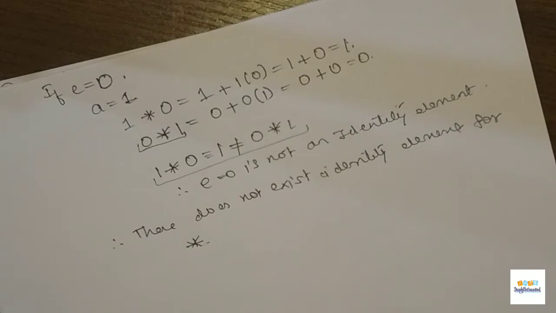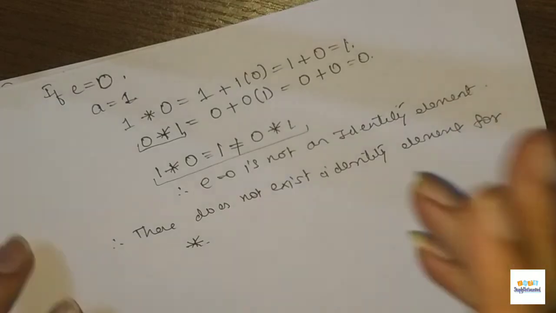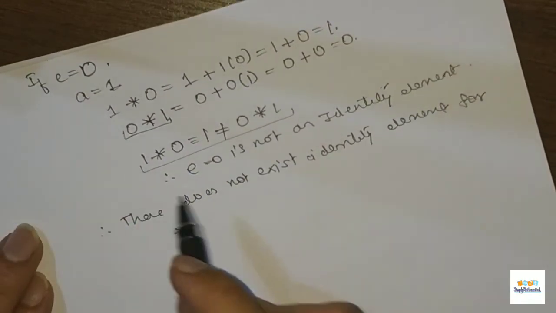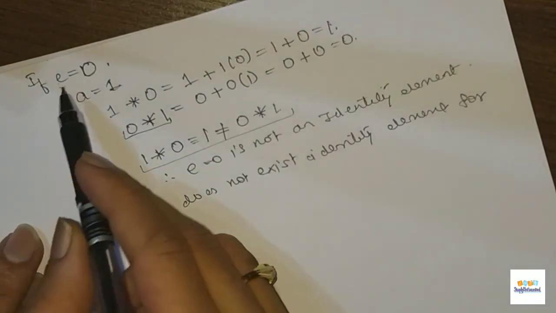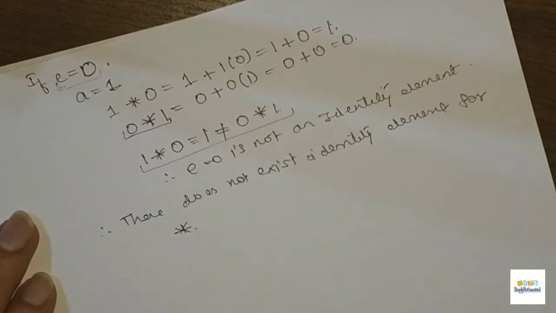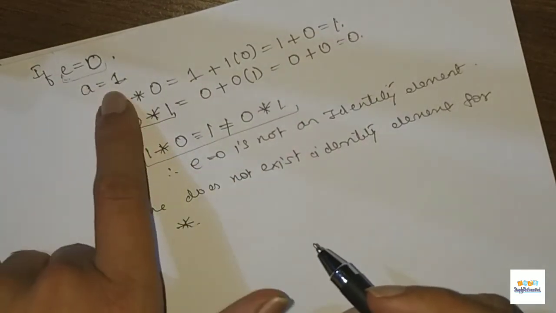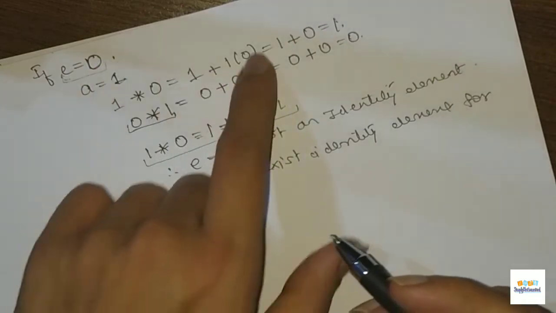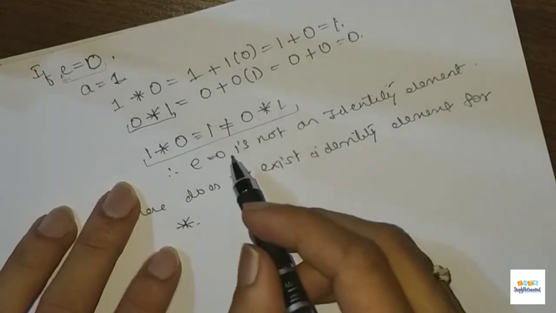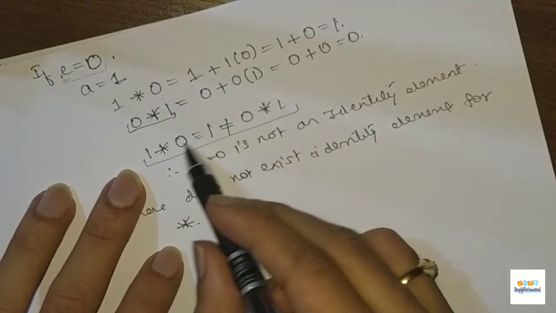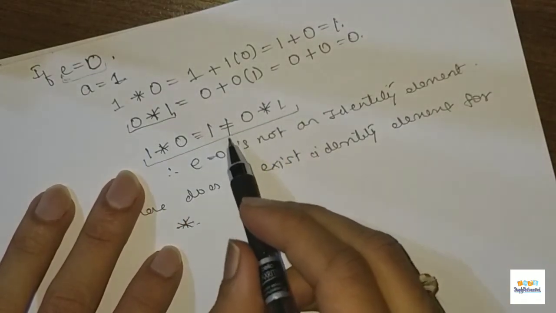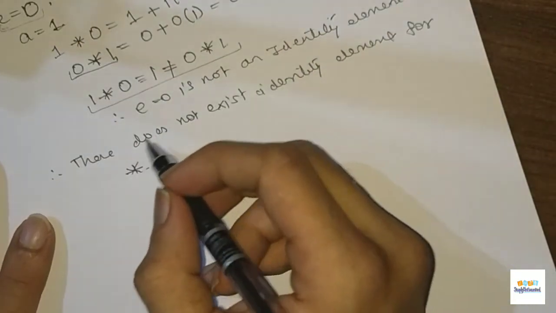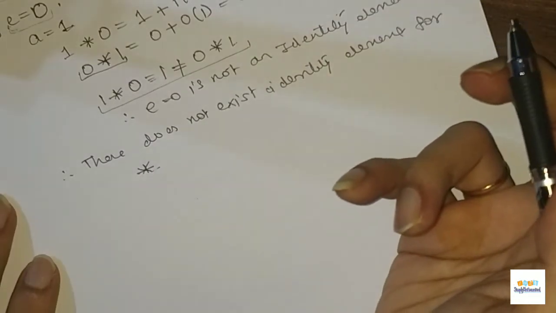So even if you take the left hand side, you should be able to get the element E. But if we had got the element E equal to 0, and if we take any element A equal to 1, then that element E equal to 0 is not satisfying the definition of identity element, right? You're getting 1 star 0 is equal to 1, which is not equal to 0 star 1. So therefore there does not exist an identity element for star.